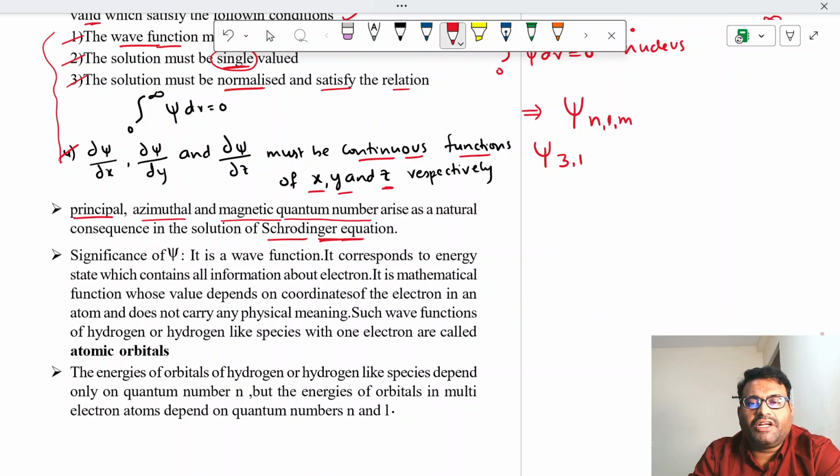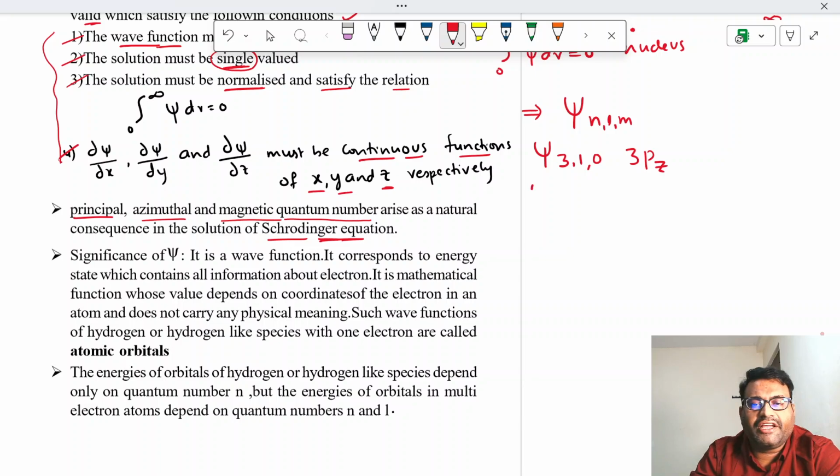So what is that orbital? For l value equal to 1, it is a p orbital. So 3p. If 0 is also given as the m value, then we write the orbital 3pz.